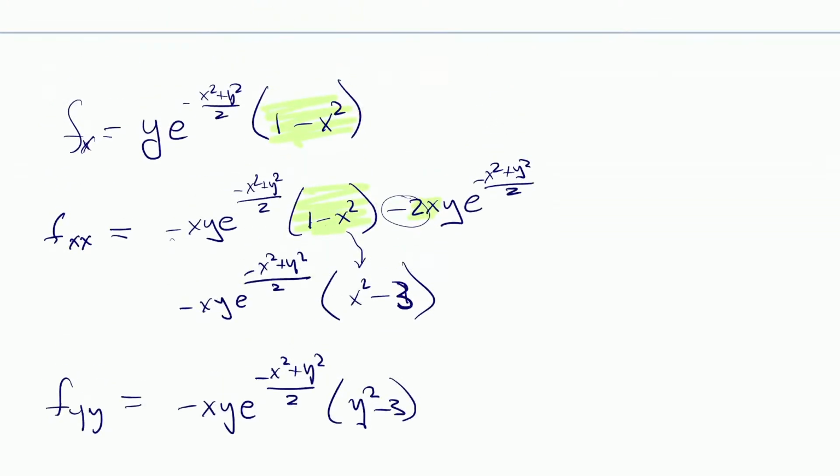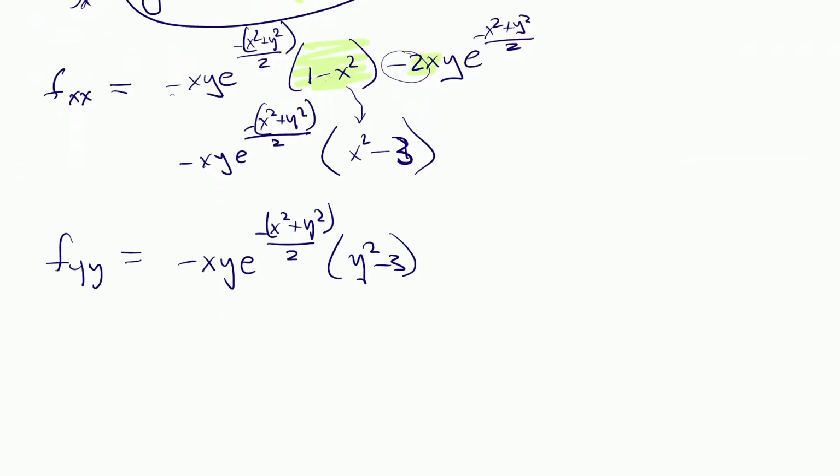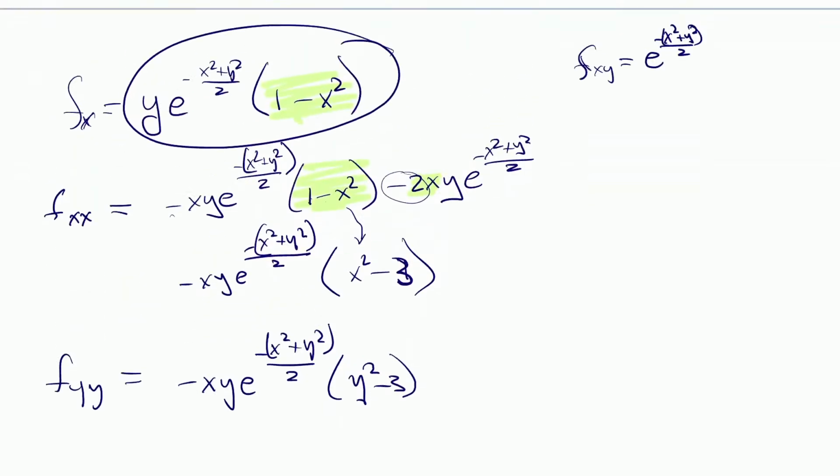And then I need f sub xy, which I'm going to go back to this, use the product rule again, and I get e to the negative (x squared plus y squared) over 2. Sorry, these should be in parentheses all the way down the bunch. Okay, times (1 minus x squared), and then minus the derivative of that.